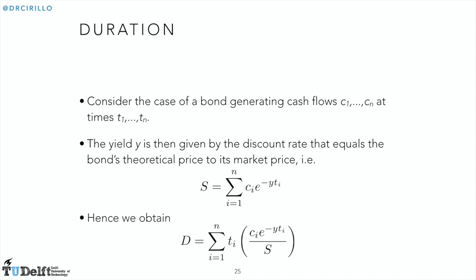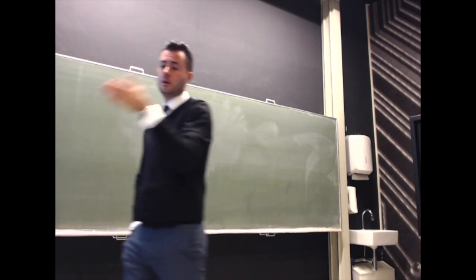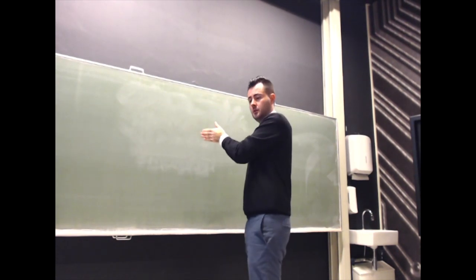I know that the yield y can be computed by taking that implicit rate that allows me to discount all the cash flows and make them equal to the market price of the bond. And we have this formula, which is nothing more than the condensed mathematical writing of all the discounting of the different coupons.